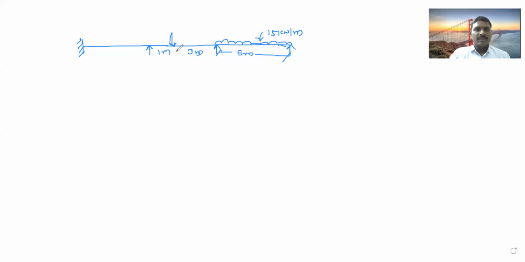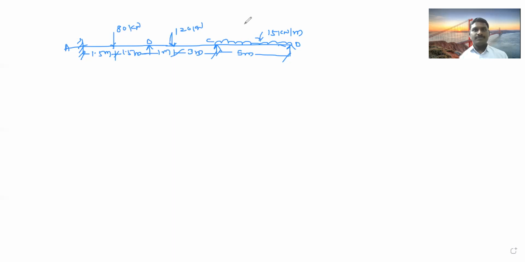Here a 3 meter span is there. Then again, this load is 120 kilonewton, and this is an 80 kilonewton load. Then a 1.5 meter span is there, and here again a 1.5 meter span is there. So A, B, C, D.